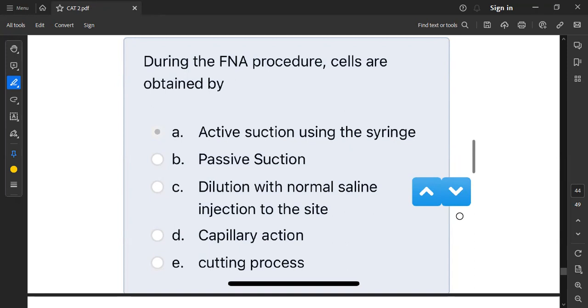Yes, exactly. So the correct response that encompasses all is A, active suction using the syringe. The choice that may give a bit of problems is E, cutting process. This is basically a biopsy.